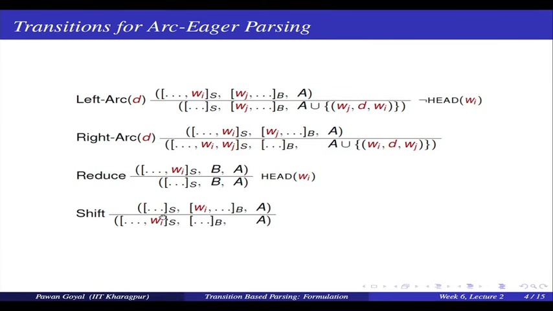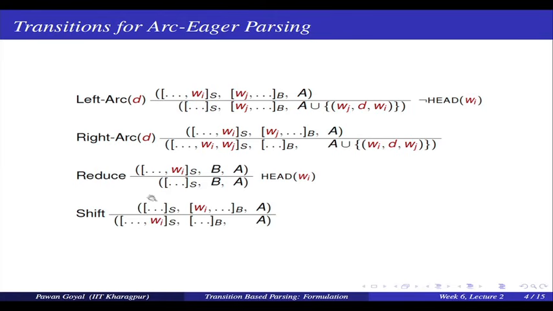And these are the 4 transitions. Now, the main thing here is when you are at a particular configuration, you might be able to take more than one of these operations or transitions, and your task would be to find out what is the transition that I should take in a particular scenario. So, I hope the 4 transitions are clear.